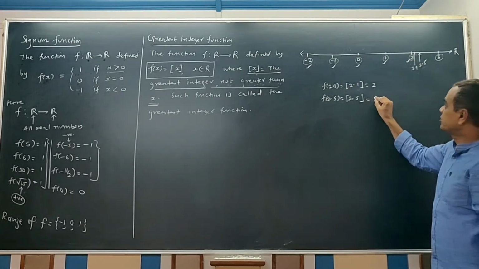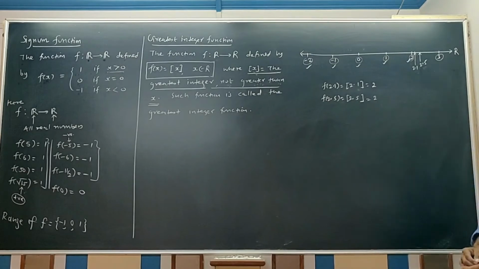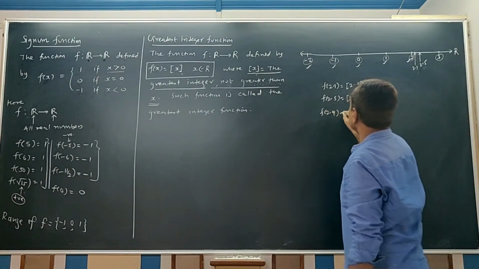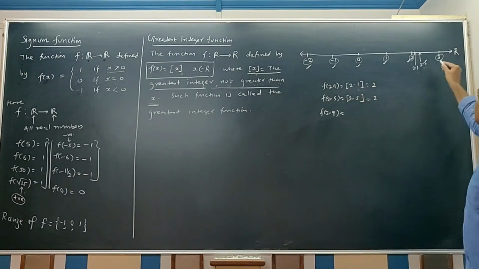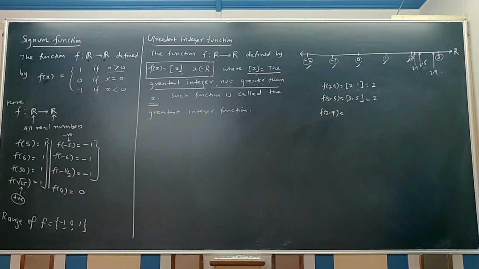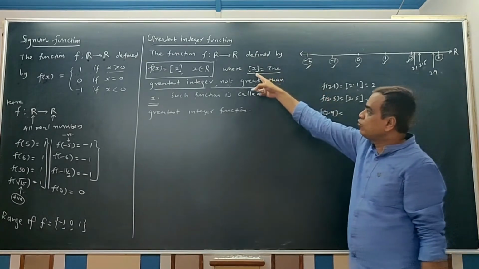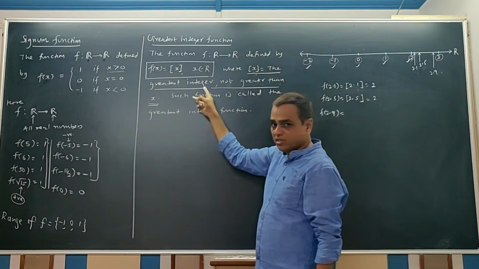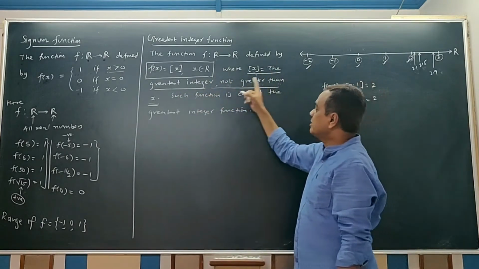So the output is, if I take 2.9, somewhere here, the box value of 2.9. The greatest integer not greater than 2.9.